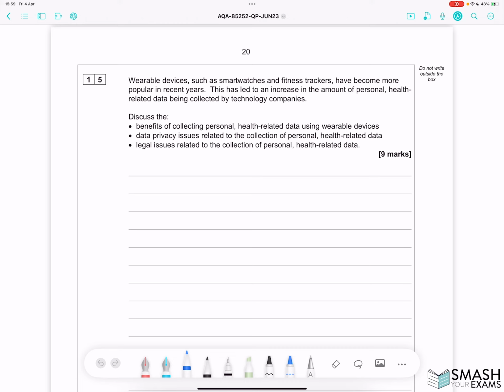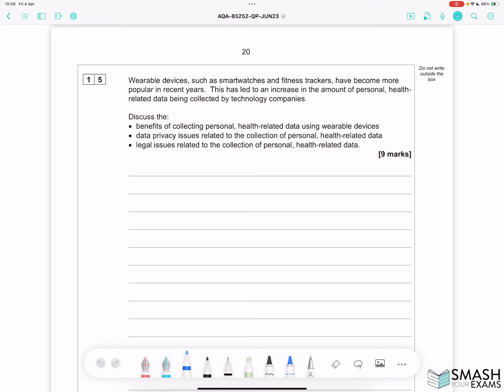Okay, now what's important to remember here is how this question is marked, okay? So if we just have a really low level answer, we're going to be in that 0 to 3 mark territory. If we have a decent explanation, we've got descriptions of like some privacy issues, some legal issues, we're going to be in that 4 to 6 territory.